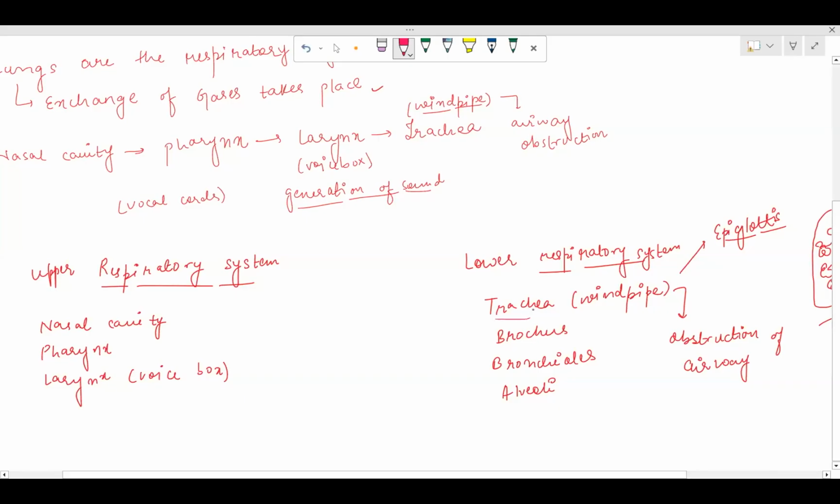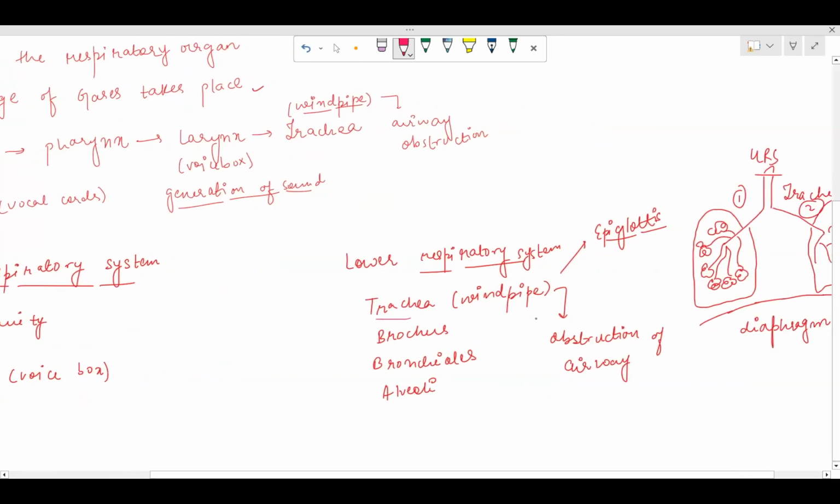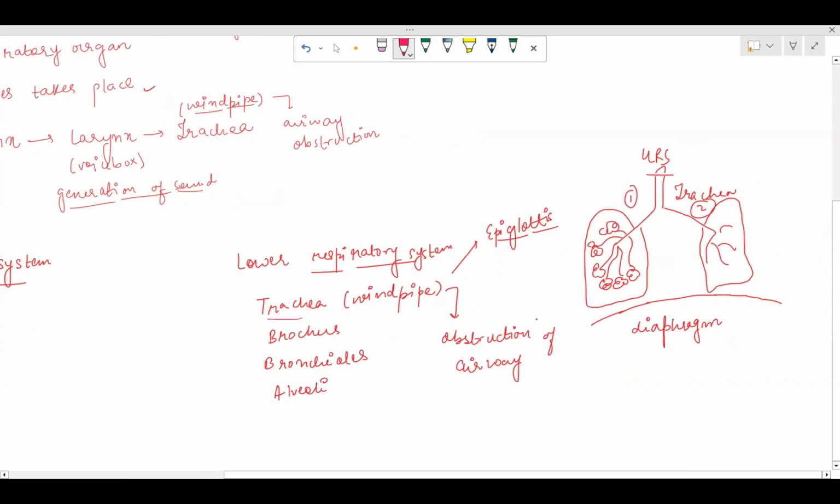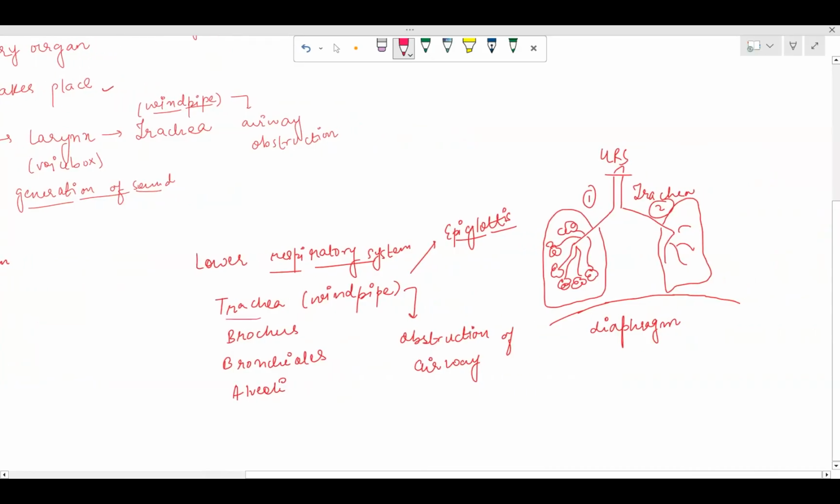Trachea is also known as the windpipe, and it is guarded by the epiglottis. Whenever it is said that you should not speak while eating something, it is because your epiglottis is open. So what will happen, that food particle will enter into your windpipe and cause the obstruction of the airway.